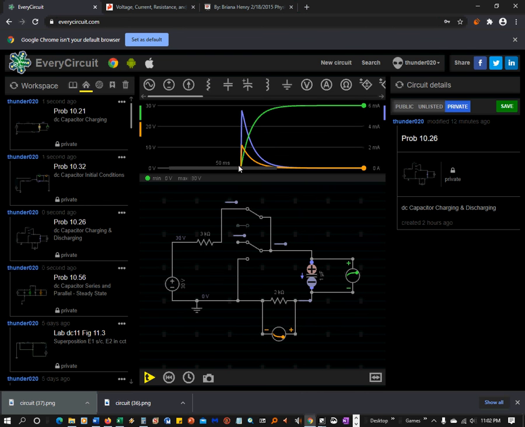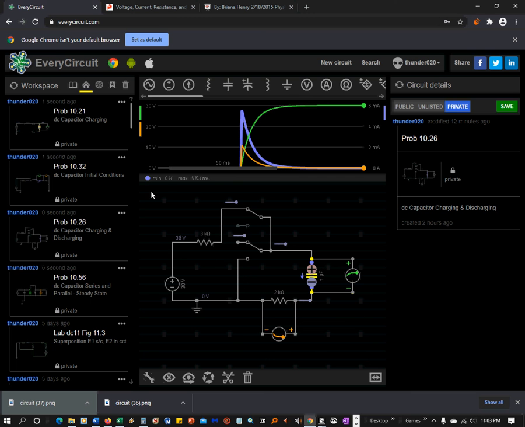You have your green is the voltage across the capacitor, the blue is the current through the capacitor I sub C, and then orange is V sub R2, which is what the book called V sub R2. So the capacitor voltage charges up to basically 30 volts, and you can see that value right there.